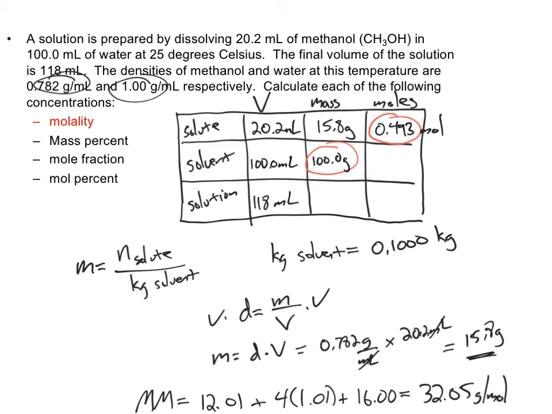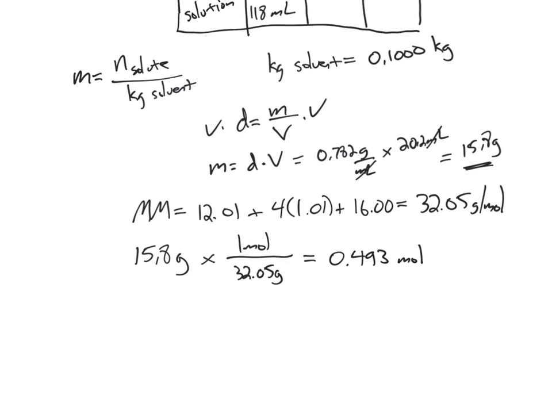All right, so to get the molality, I need the moles of solute. I've got that. The kilograms of solvent, I have that. And so I can plug those in to now calculate the molality.